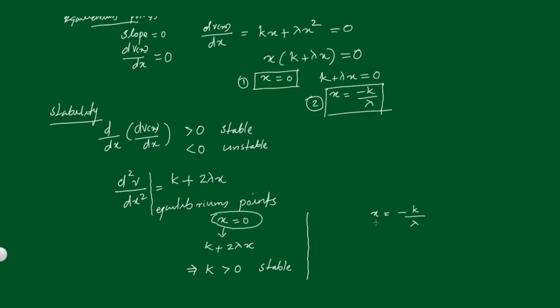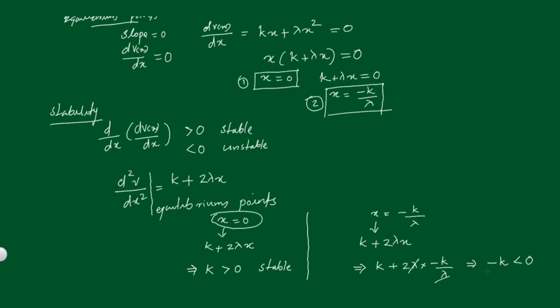Now we have to substitute this value of x in k plus 2 lambda x. So what we get here is k plus 2 lambda into minus k by lambda. So this lambda cancels and we get minus k, that is less than 0.